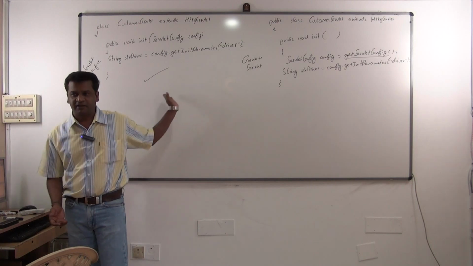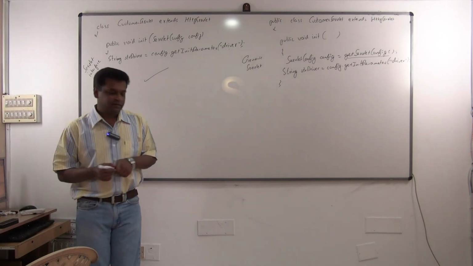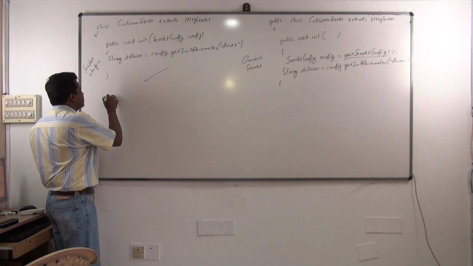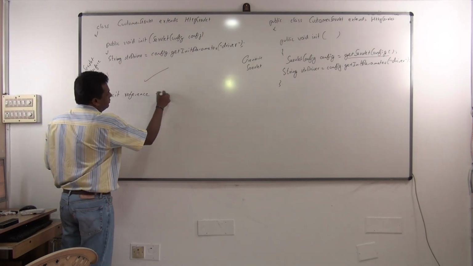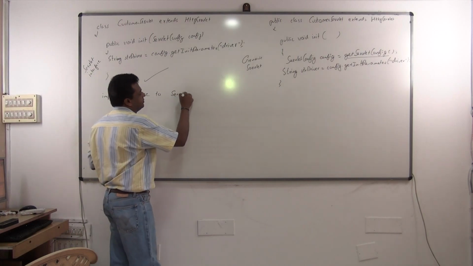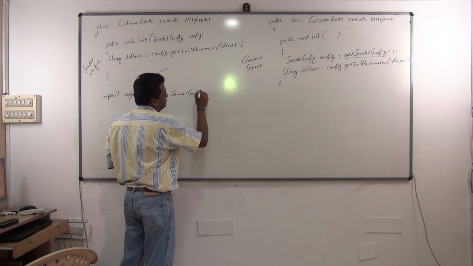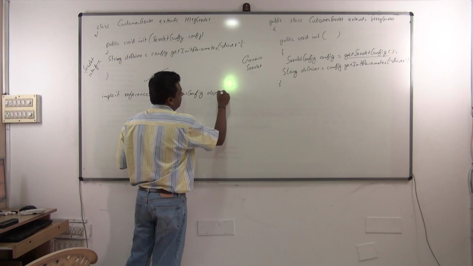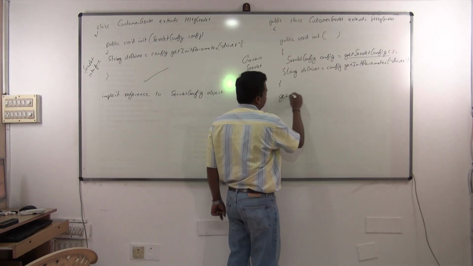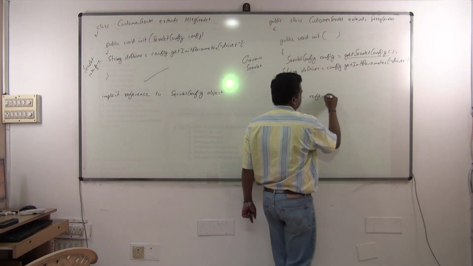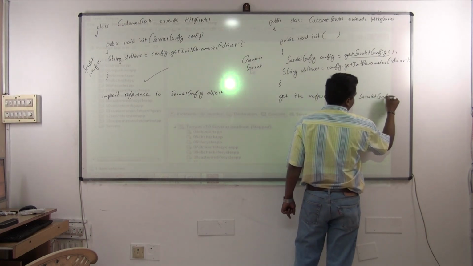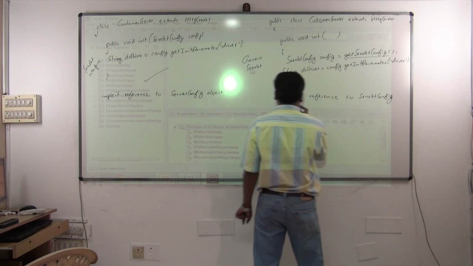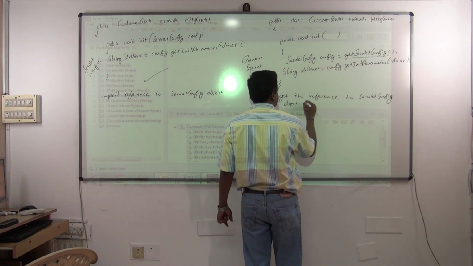One is implicit. Here you get an implicit reference to the ServletConfig object. There you'll get what? You have to get the reference to the ServletConfig object explicitly.